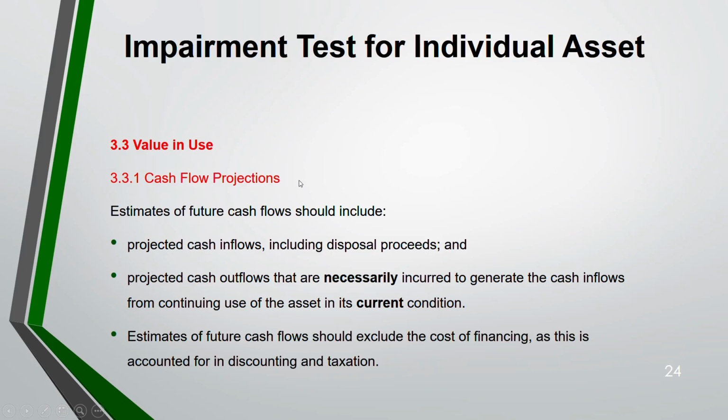Estimates of the future cash flow should exclude the cost of financing, as this is accounted for in your discounting and taxation. The discount factor they are giving you already considers this cost of financing. They have already adjusted and given you the discount rate. So no need to include interest in your future cash flow. You have to exclude it.